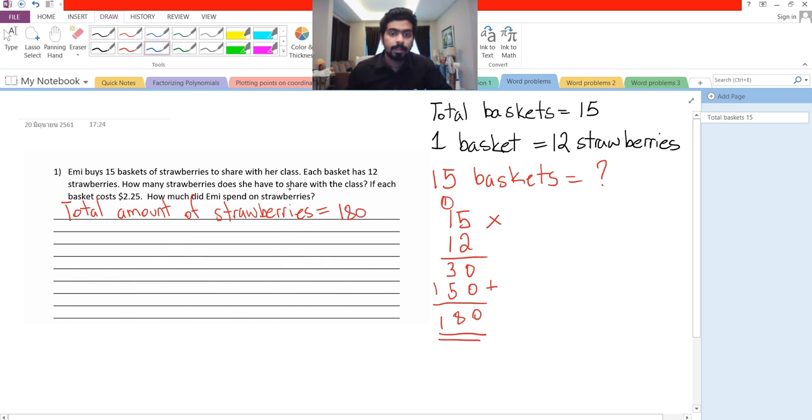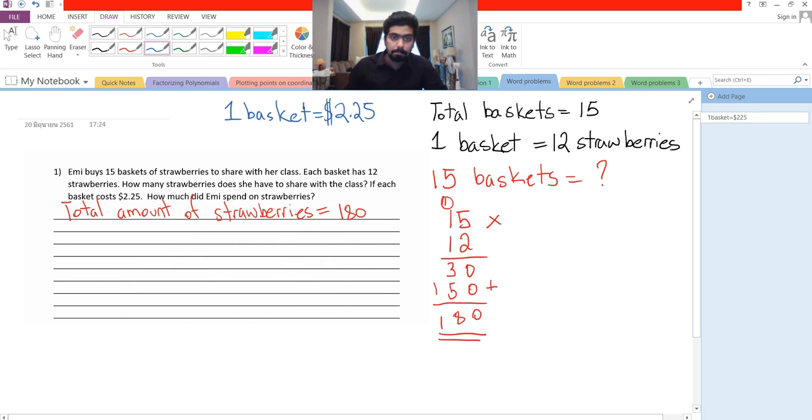If each basket costs $2.25, how much did she totally pay for strawberries? So what do we have? We know that totally there are 15 baskets, right? And one basket is equal to $2.25. And now they're asking how much did she pay totally?